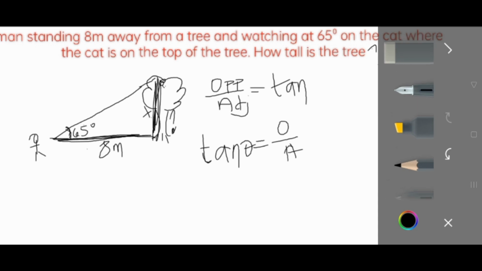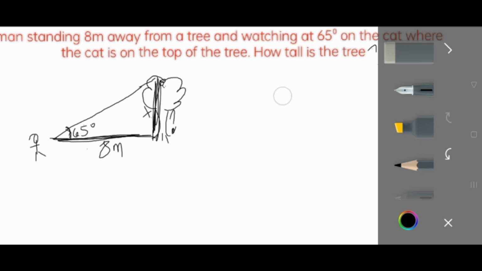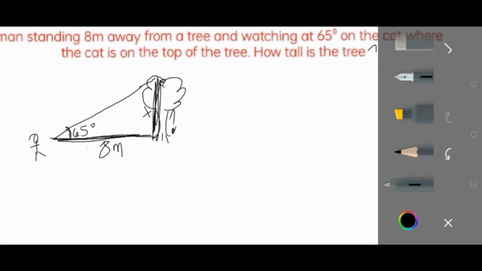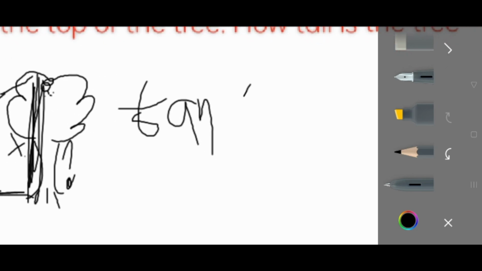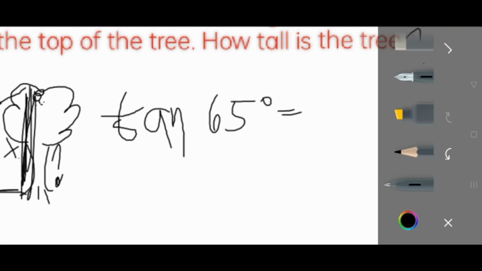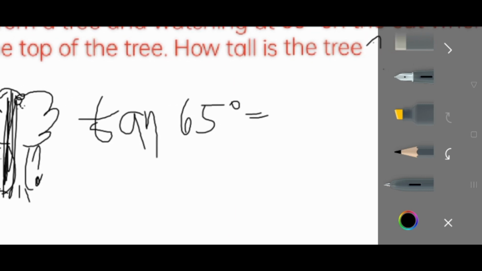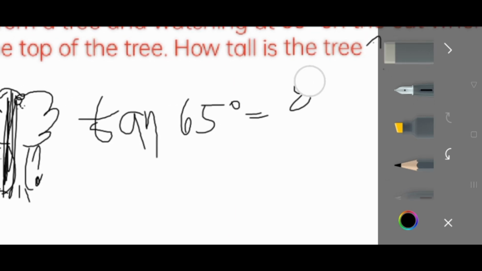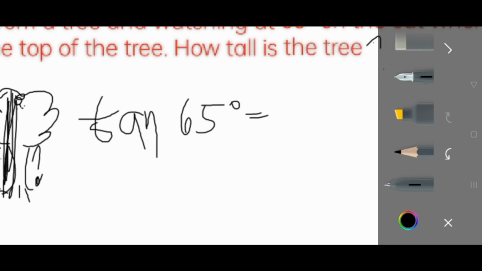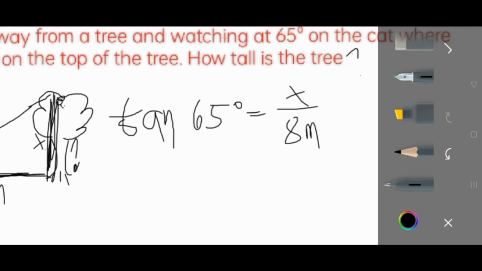Now let's solve the height of the tree. Tangent of 65 degrees is equal to x over 8 meters.